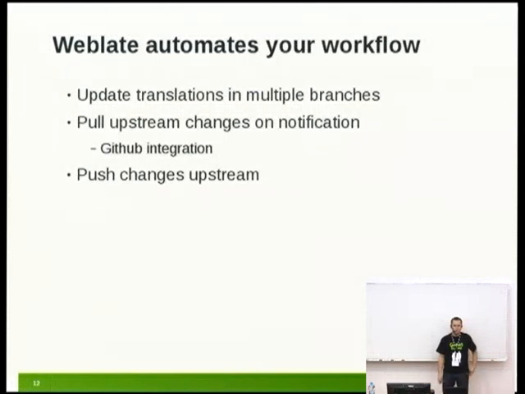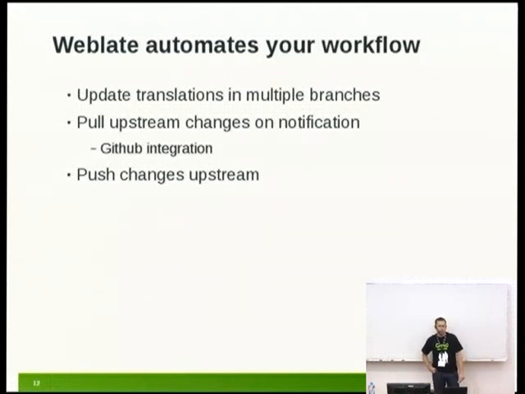And there is some automation which will help you. As I said, in the ideal case, you don't want to care about how to merge things back and all that stuff. So the translations are automatically pushed to all branches, as I've already mentioned. The upstream changes can be automatically downloaded. There is direct support for GitHub notifications, but for any other Git repository, you can simply trigger it by downloading some URL, so it's easy to integrate with anything.